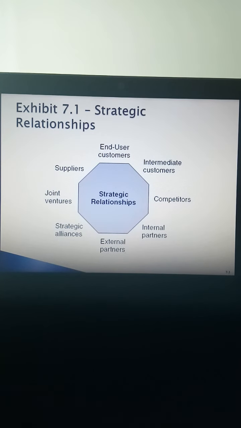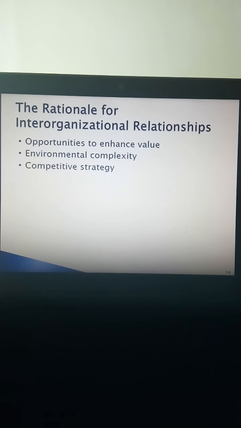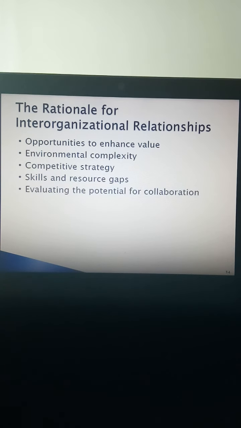Alright, let's move to the next slide, which is the rationale for interorganizational relationships. There are 5 factors. The first one is the opportunities to enhance value.